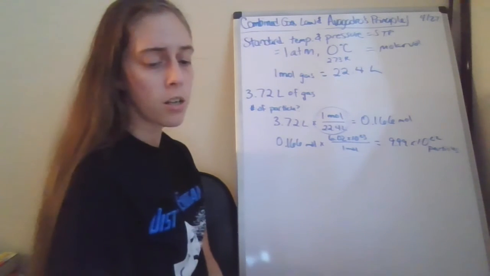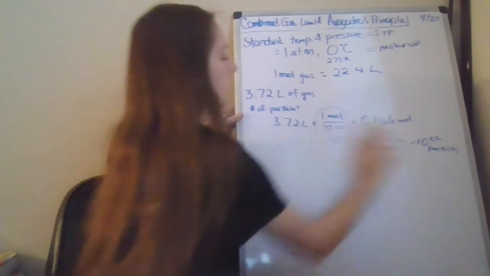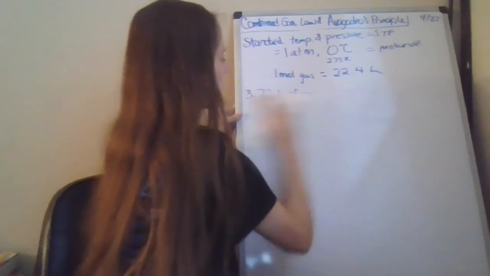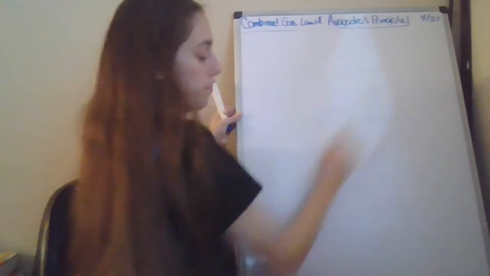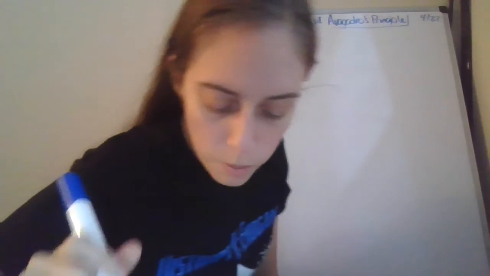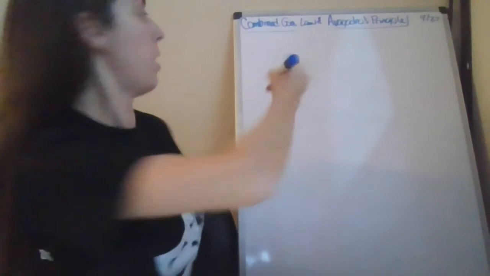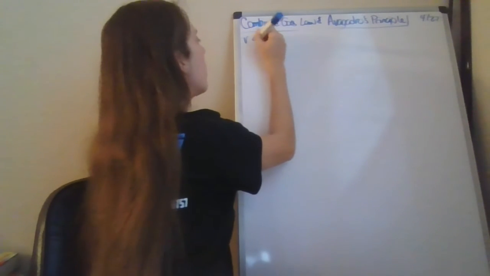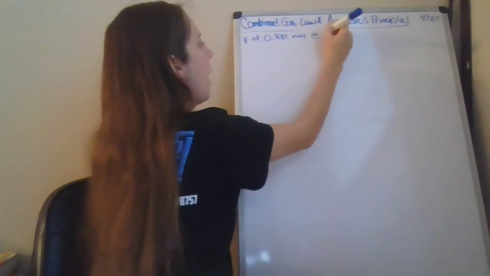So now let's talk about a principle using moles, and let's go through another example, okay? All right, calculate the volume that 0.881 moles of gas at standard temperature and pressure will occupy, okay? So we want volume of 0.881 moles at STP.